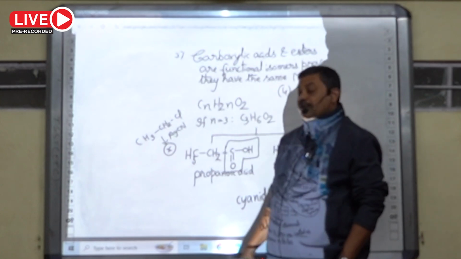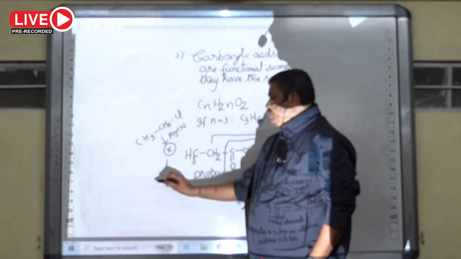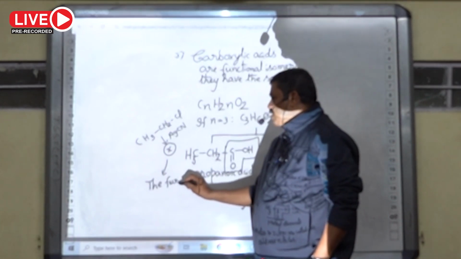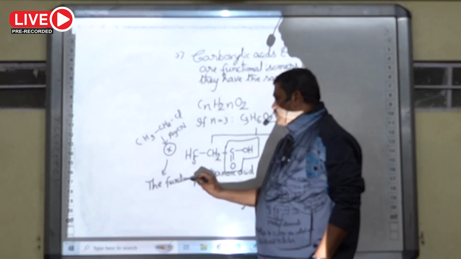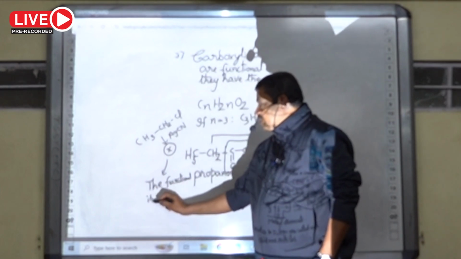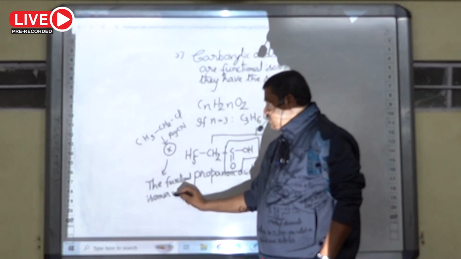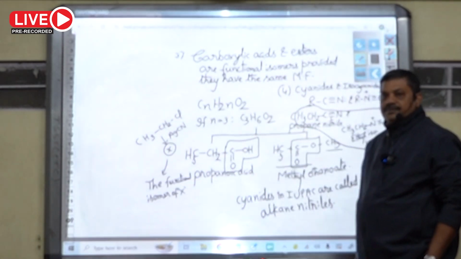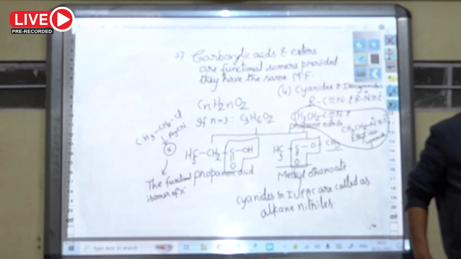They ask for the functional isomer of X, not X. Actually, when alkyl halides react with AgCN, the major product will be ethyl isocyanide.